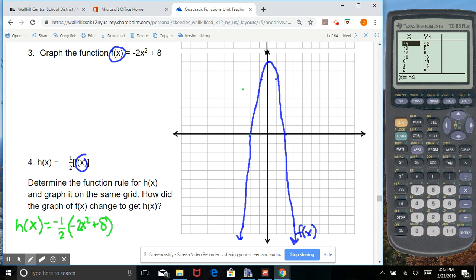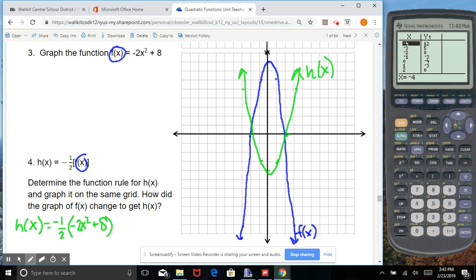Negative 1, negative 3. 0, negative 4, 1, negative 3, 2, 0, and then obviously the next point would be symmetric to this one, so 3, 5 as well. Go ahead and graph your function. Arrows on both ends, and label it h of x.